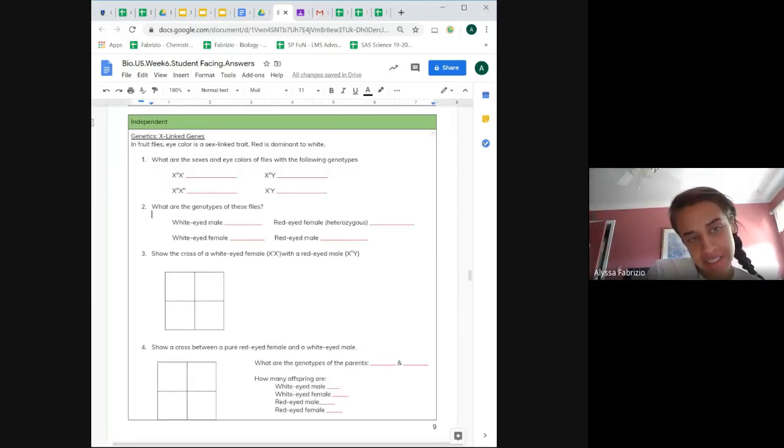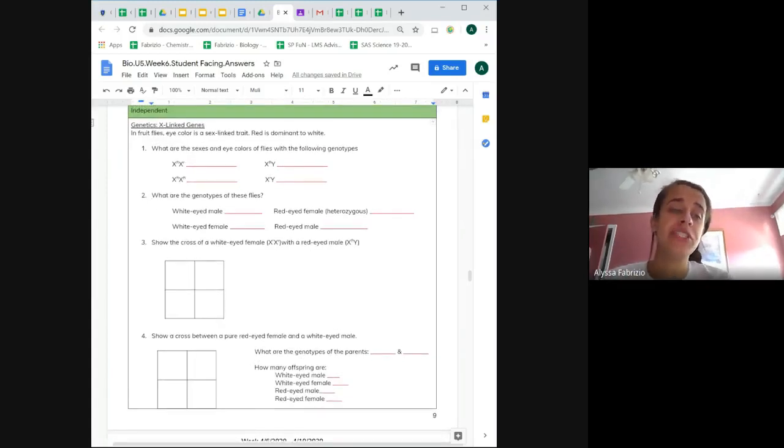In our last lesson, we talked about what certain sex-linked traits are, meaning that certain traits are tied to the sex chromosomes. Typically it's going to be tied to the X chromosome. Males have XY sex chromosomes, whereas females have XX chromosomes.